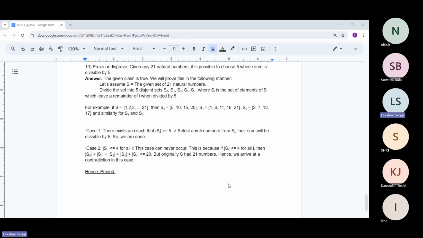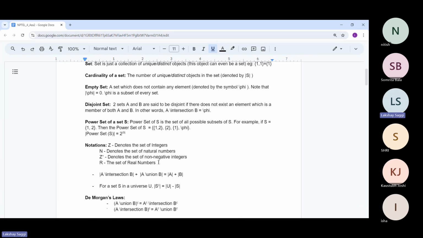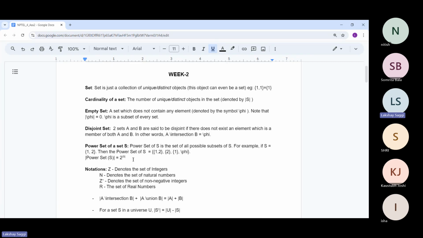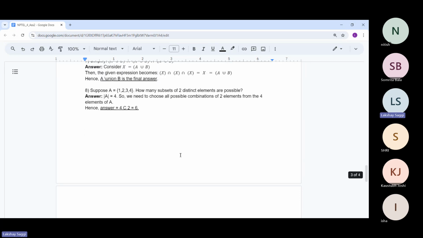Nitish is asking, is zero included in the set of natural numbers? So no, Nitish, natural numbers by definition do not contain zero. So natural numbers are just 1, 2, 3, 4, and so on. So no, zero is not included in the set of natural numbers.